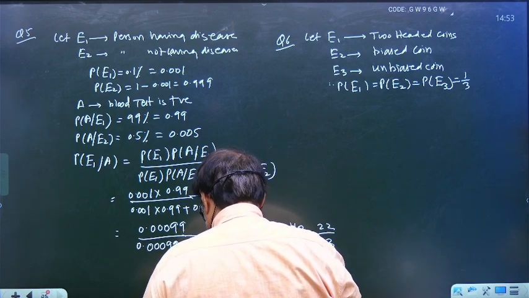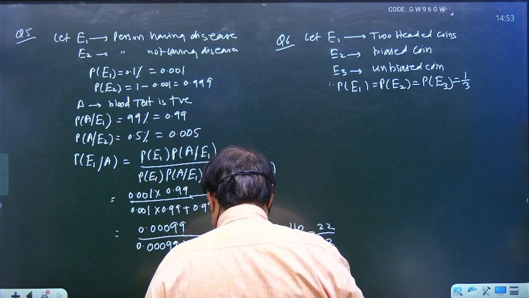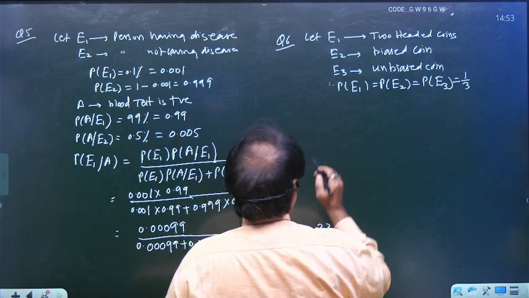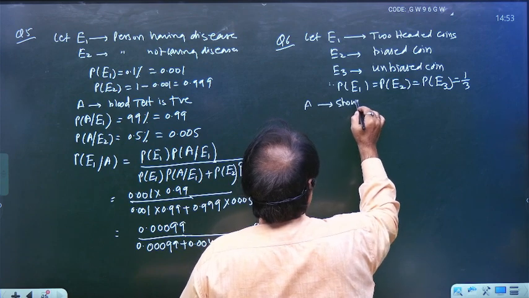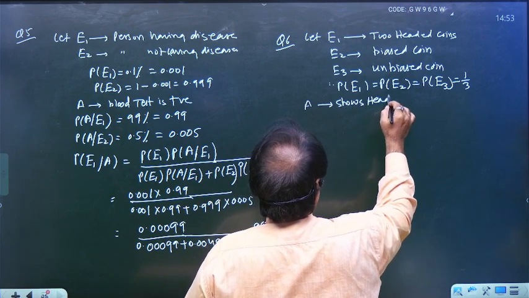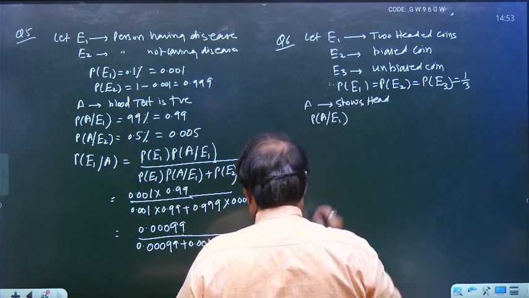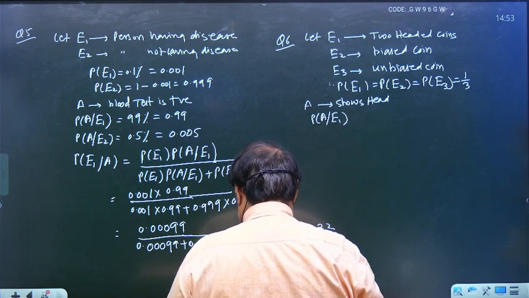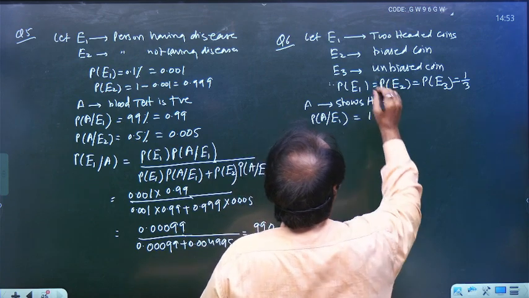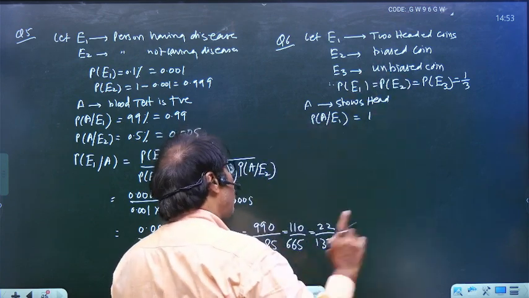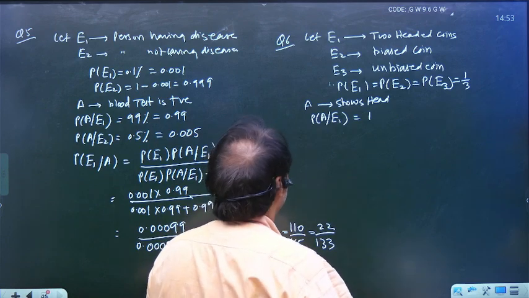Okay. And now suppose A shows head. So what will be the probability of A by E1? That will be 1, because E1 is the two-headed coin. So whenever he tosses, he will always get head.